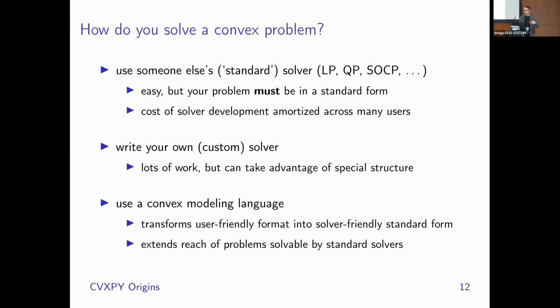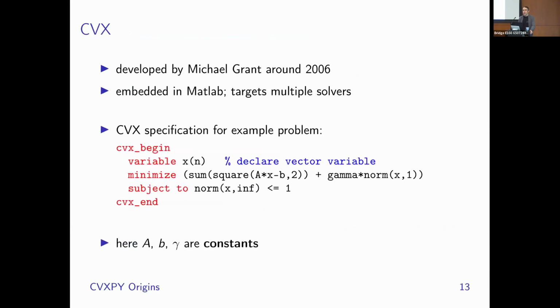And the third option, which CVXPY represents, is using a convex modeling language, which gives you a user-friendly way of describing the problem, and then behind the scenes is converting it into the same standard form. Now, CVXPY is based on CVX, the original convex modeling language from Stephen Boyd's lab. It was developed by Michael Grant around 2006.